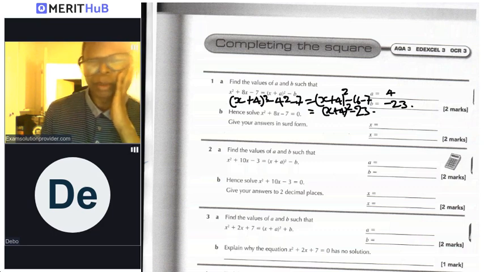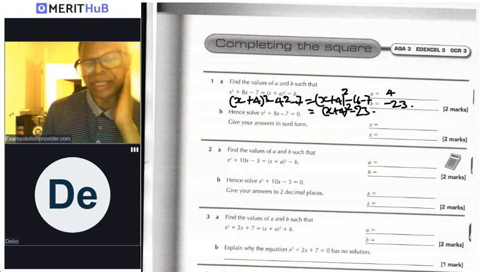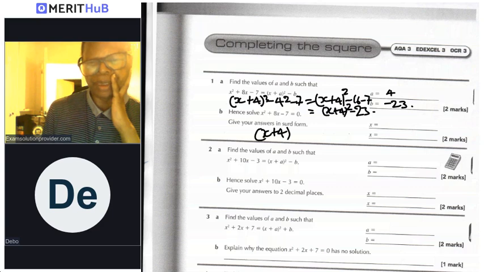Okay, so then the next part says solve. You can see this is exactly the same as that. So what we have is x plus 4 squared minus 23 equals 0. Therefore, we need to add 23 to both sides.